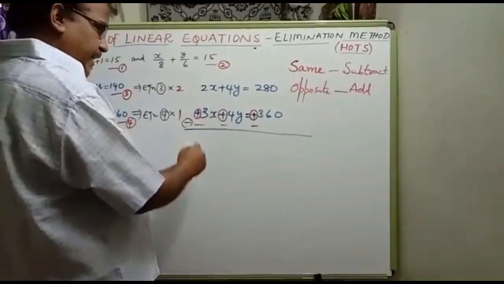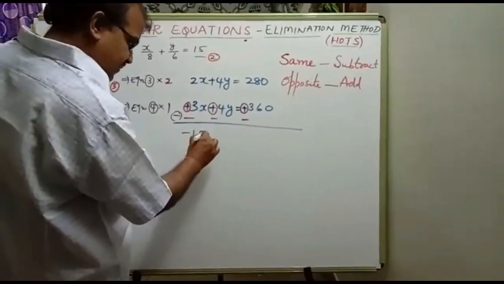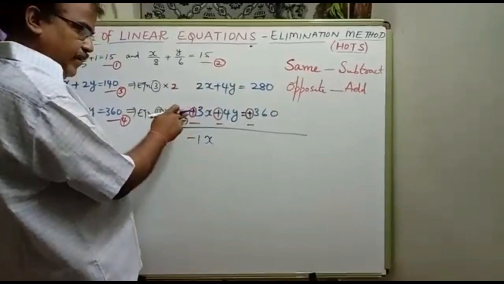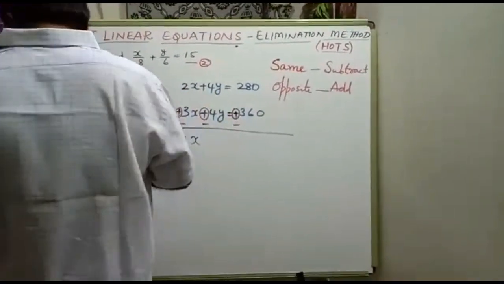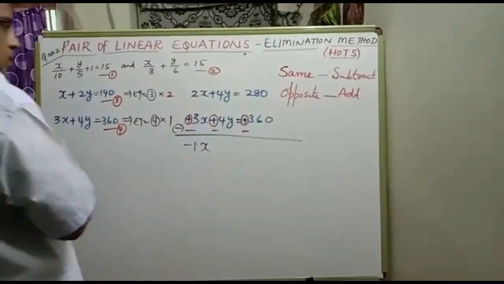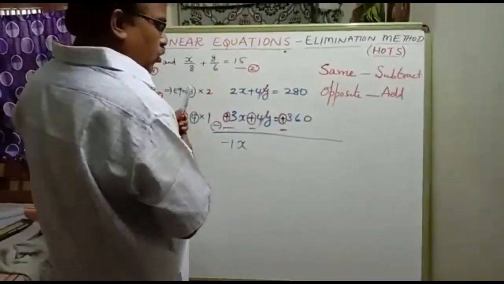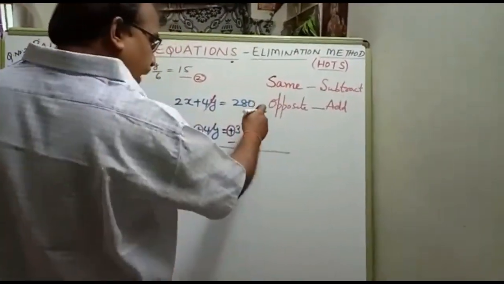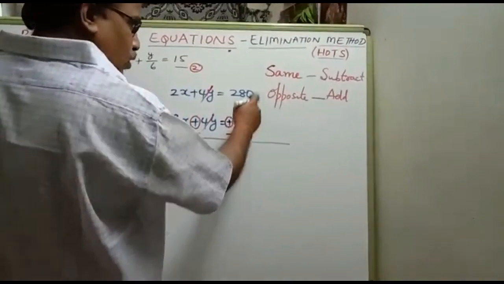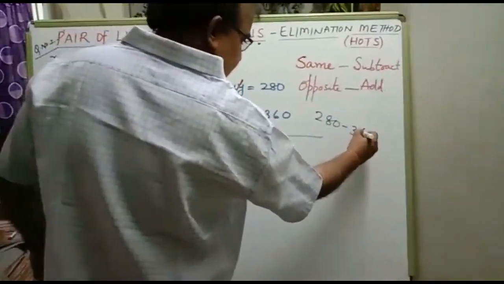2x minus 3x is nothing but minus 1x. 2 minus 3, forget about the sign: 2x minus 3x is minus 1x. And the 4y terms are cancelled. Now 280 minus 360.